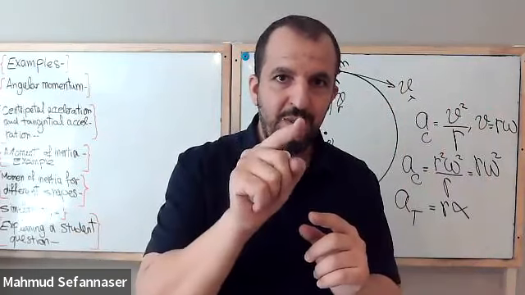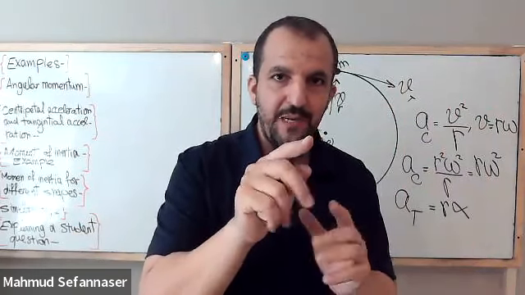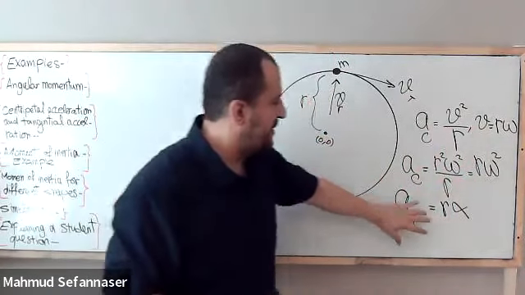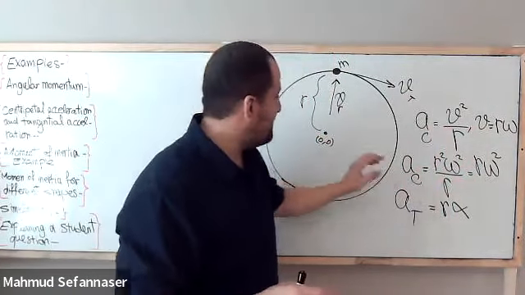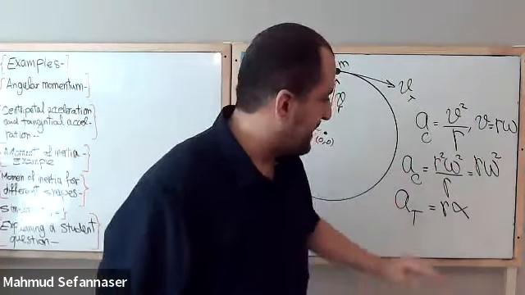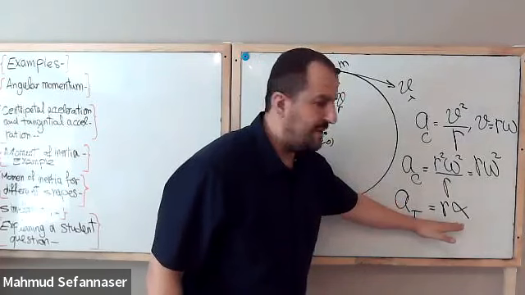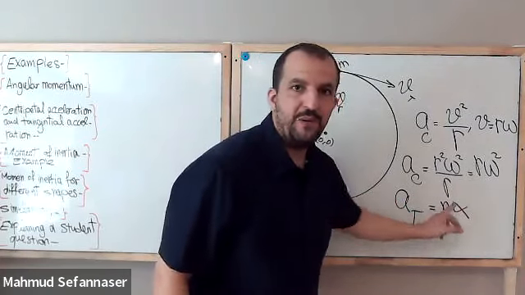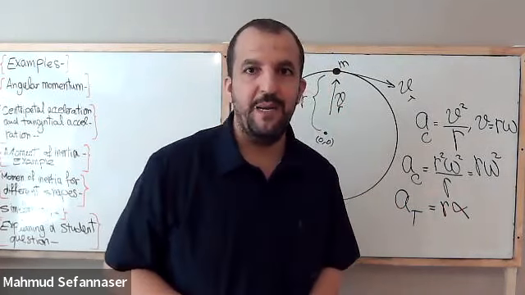Okay, if we consider the center of mass for this rigid body, the whole story will change. We will have something like this. We don't need this. But if we are considering each one of these particles, we need to consider this equation, because a_t will be different from one particle to another in this rigid body.